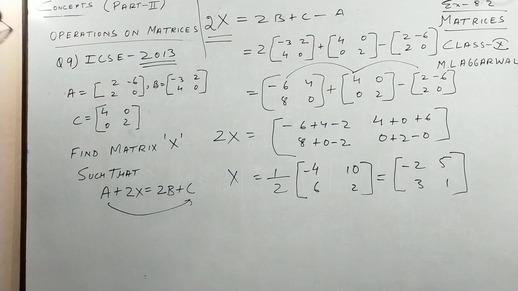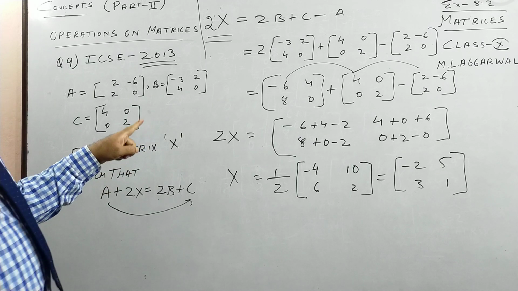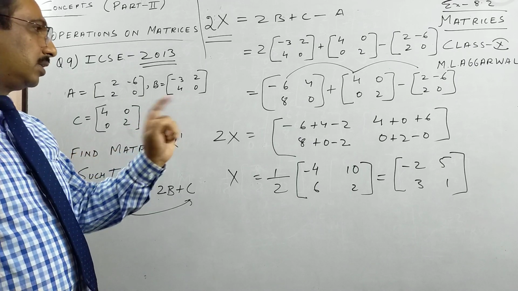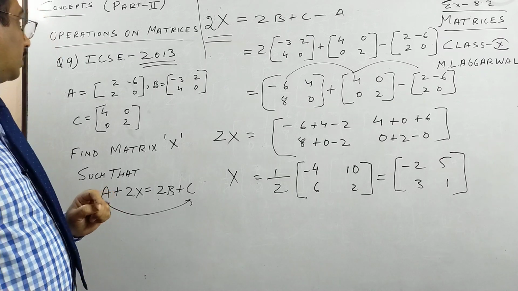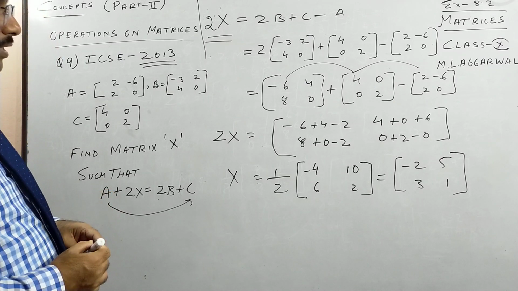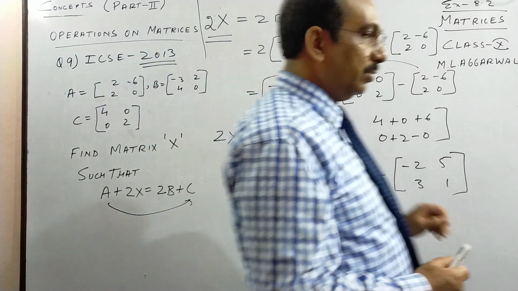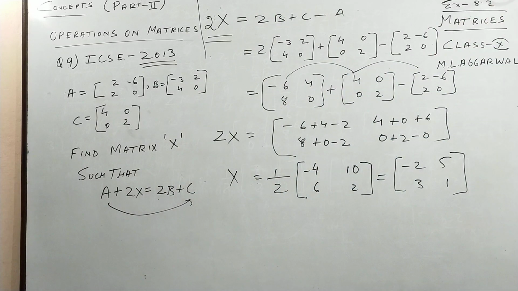So kindly let me check if we have substituted all the correct values. So I see we get the right substitution and right answer. So kindly pause the video and copy, then I move on to the last ICSE question of this exercise.